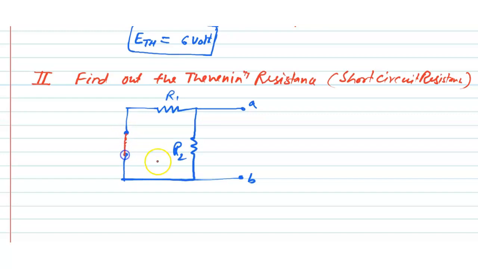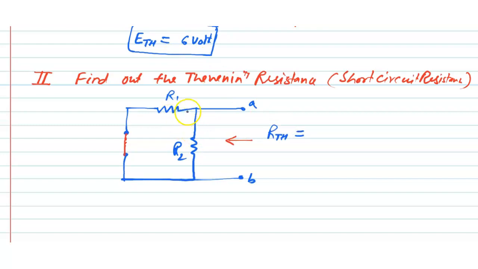That means the resistance in this path is 0. If there is any internal resistance present in the circuit, then remove the voltage source with its internal resistance. Here there is no internal resistance. Now the resistance appearing here is the Thevenin resistance, RTH.